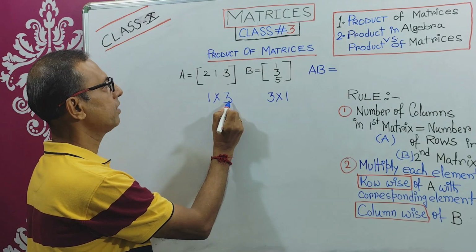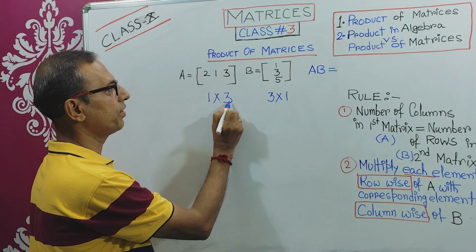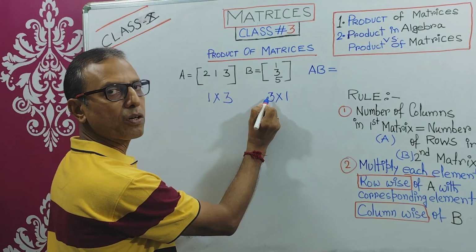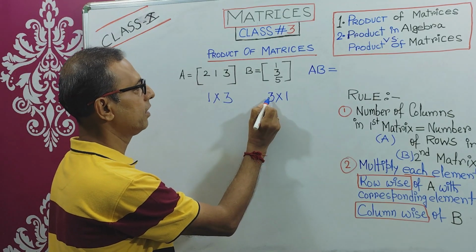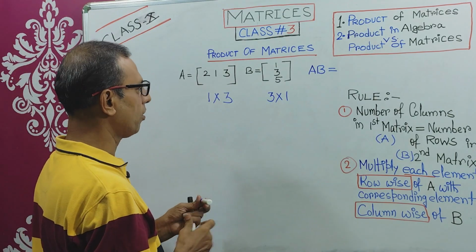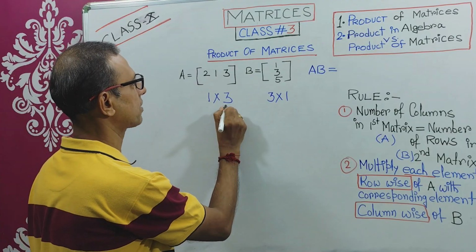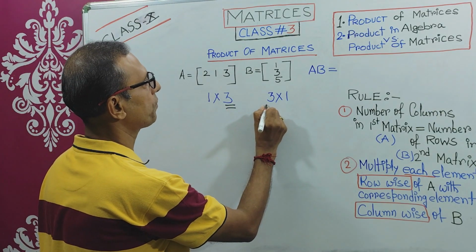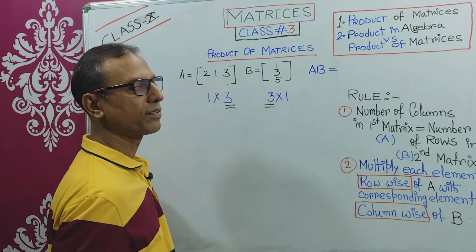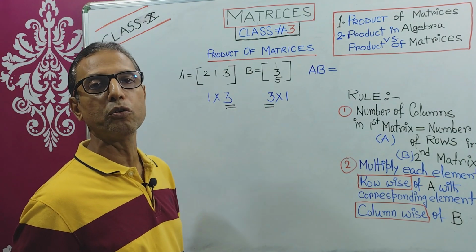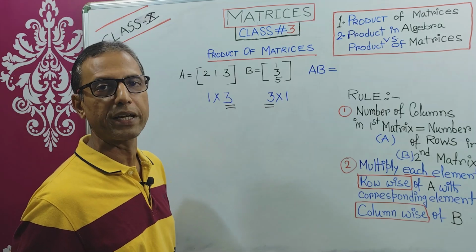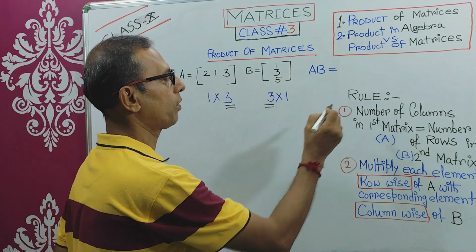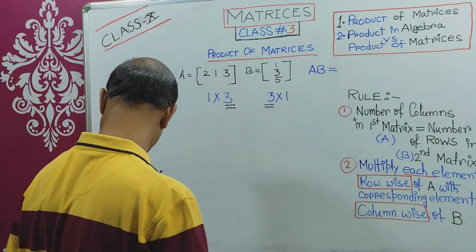So if you multiply AB, in that case the number of columns in matrix A is 3, which equals the number of rows in matrix B. If the number of columns in the first matrix is equal to the number of rows in the second matrix, then only you will be able to multiply two matrices. That is the condition. That is the rule I have mentioned here.